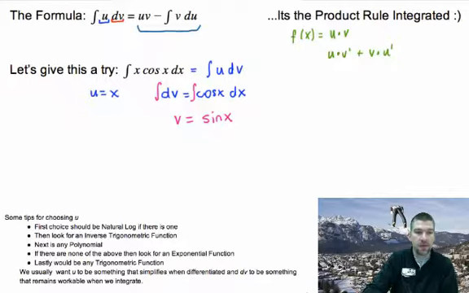So this will be u times v minus the integral. And then I need v du, but I don't have du. So back over here, take the derivative of both sides. So du dx equals 1 and du equals dx.